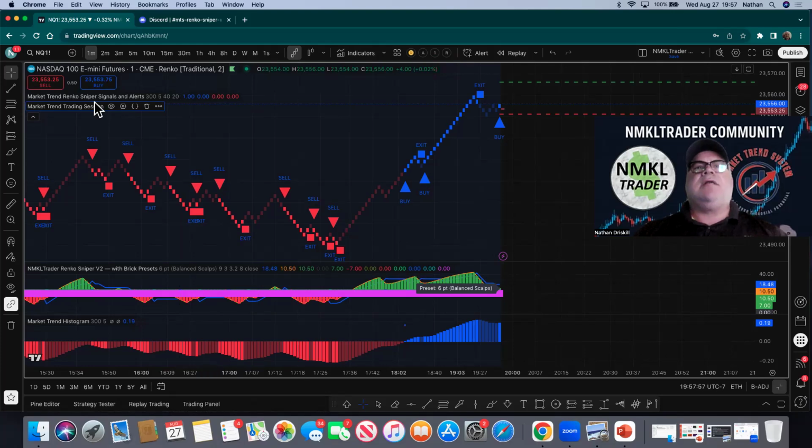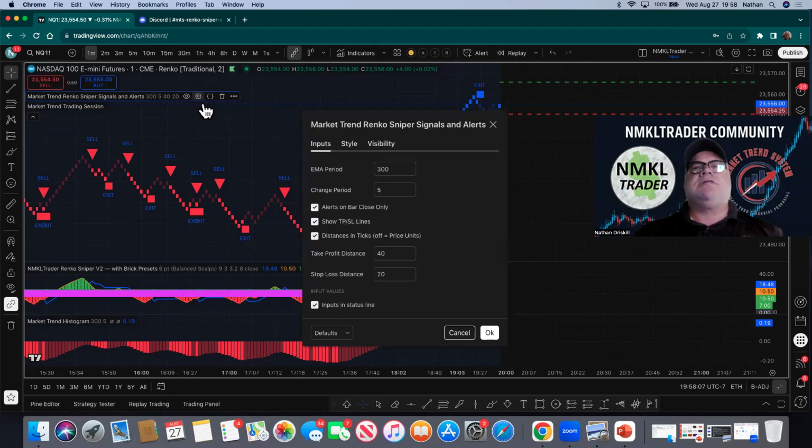All right, and let's go ahead and check out our market trend Renko Sniper signals and alert. Let's go ahead and look at the settings on this. We want to leave this EMA period 300, change period 5. We have some options here that you can set. Now, I like to move this, sometimes I leave it at 40, sometimes I like to set it at 80.